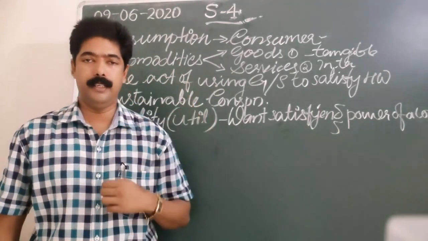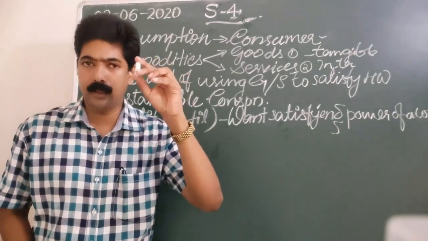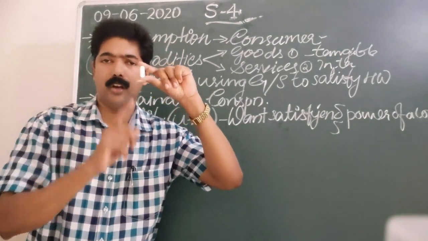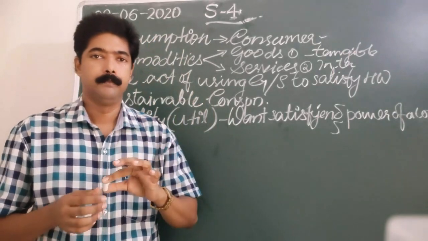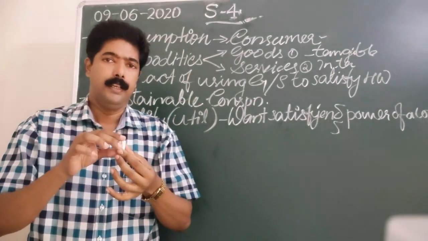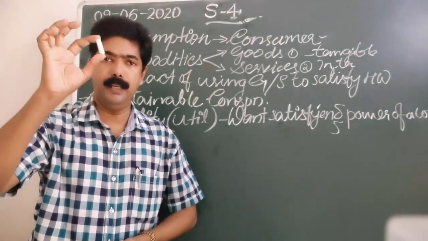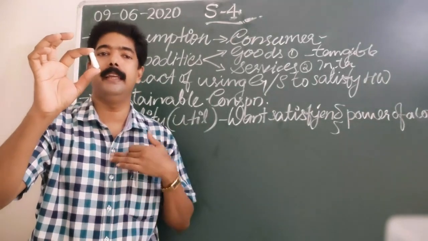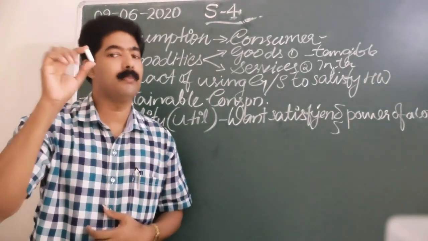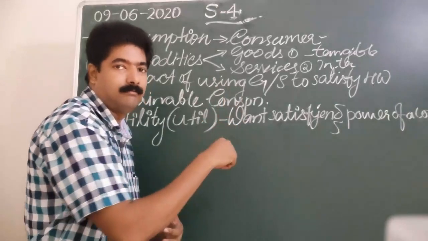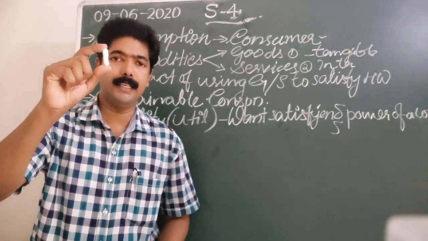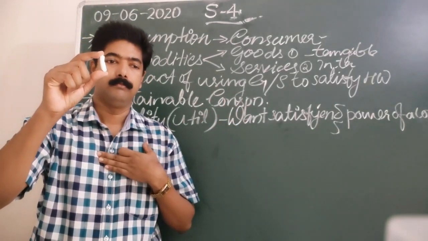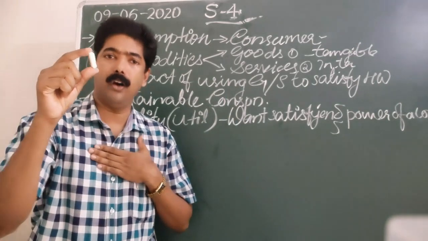If this particular item, if this chalk piece has a utility, what is its utility? This item has the ability to satisfy one of my wants. What is my want? To write. So this particular item helps me to satisfy one of my wants.